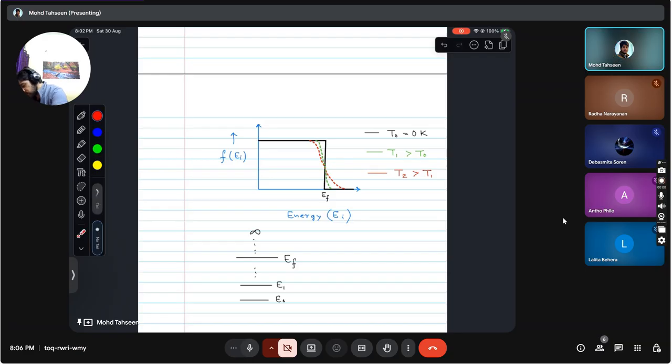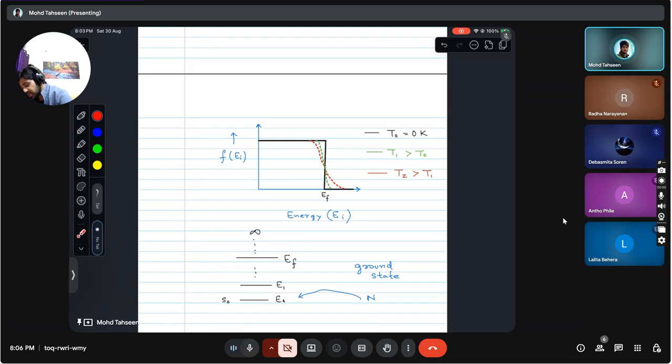This EF corresponds to the ground state, which means the state of lowest energy. Suppose I have n particles in my system and I am filling those n particles here. Because of the Pauli exclusion principle, I cannot fill all the n particles here, because there is a limit to the number of particles I can put here.